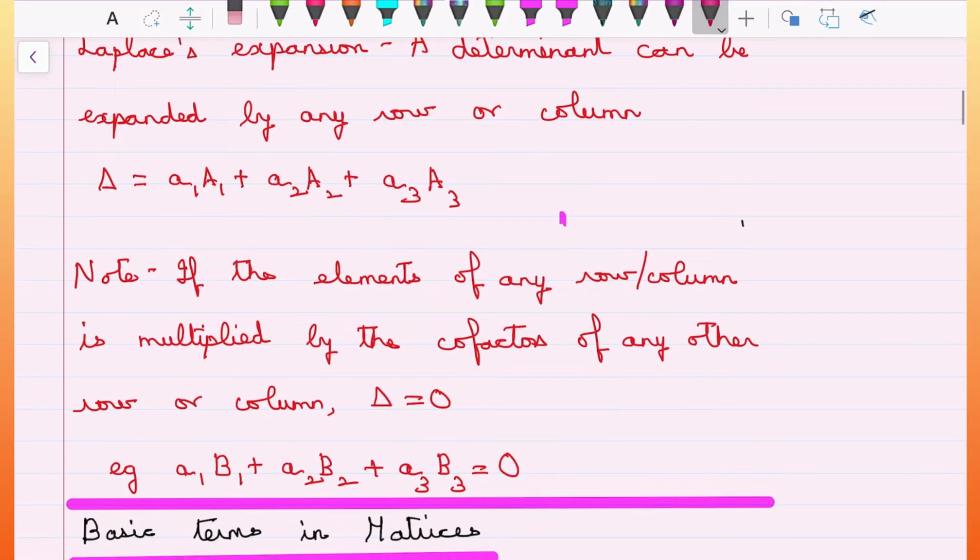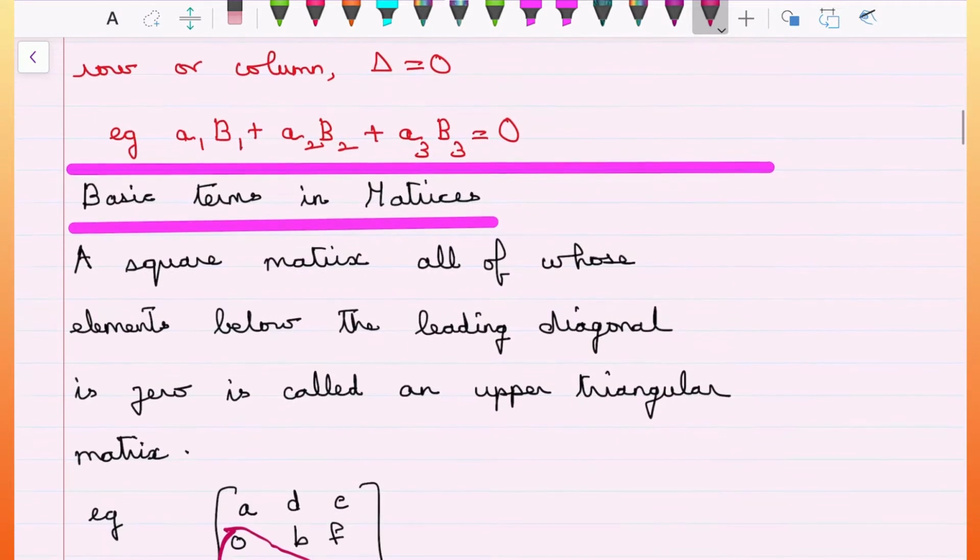So for example, a1 into capital B1 plus a2 into capital B2 plus a3 into capital B3 is 0, since we are multiplying a1, a2, a3 by the cofactors of another column. So this becomes 0.